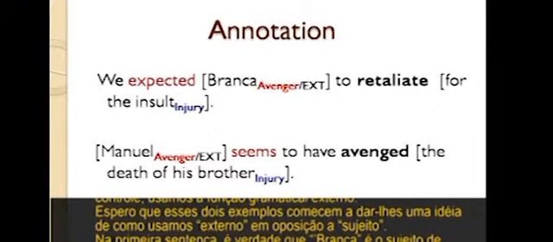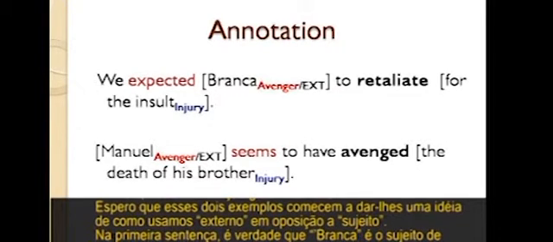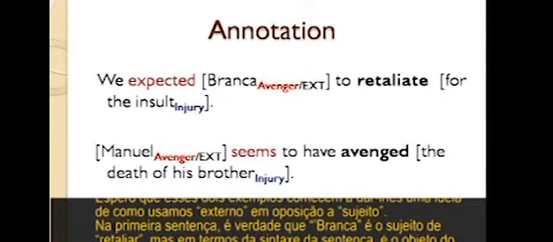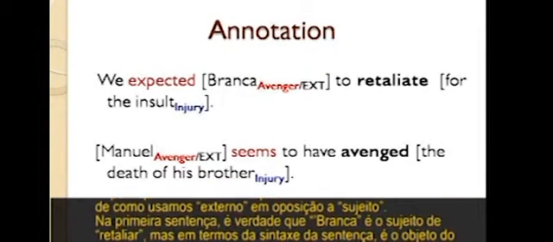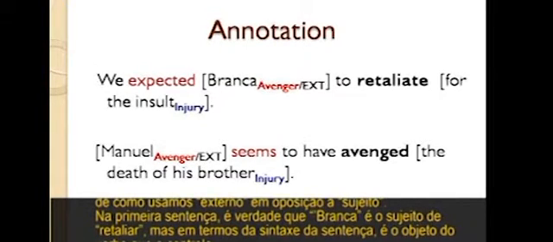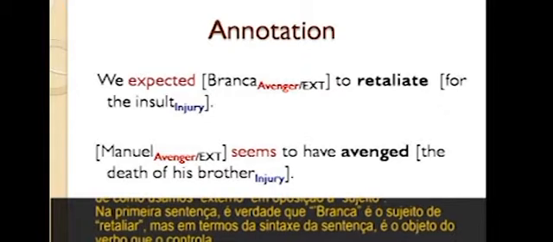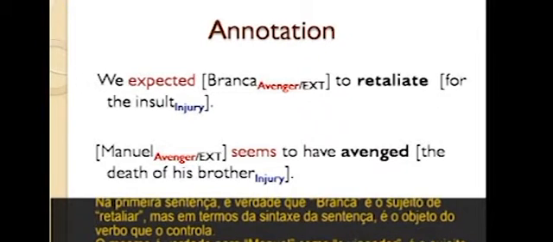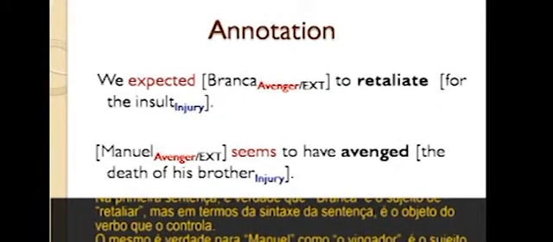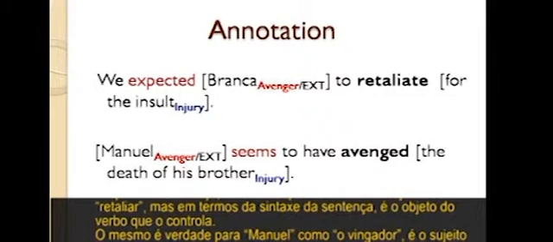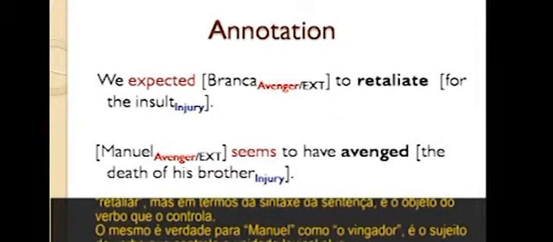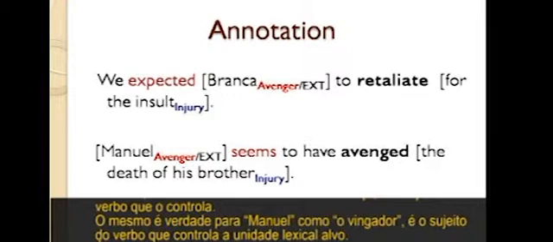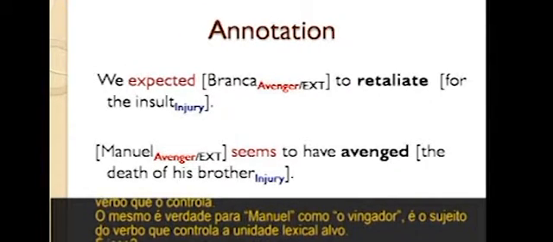In both cases, the frame element Avenger is instantiated with a constituent that's an argument of the control verb. In both cases, we use the grammatical function External, right? So I hope that these two examples begin to give you an idea of why we use External as opposed to Subject, right?